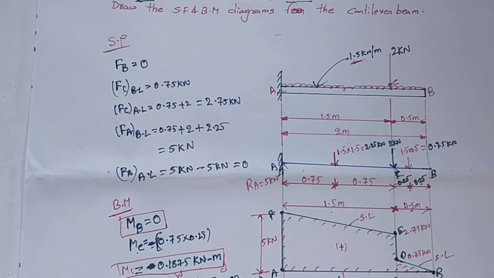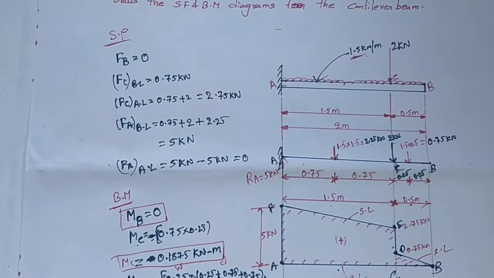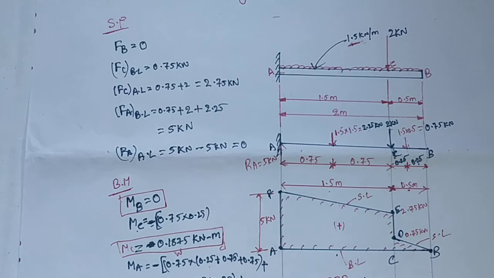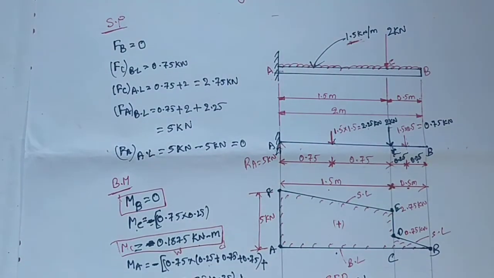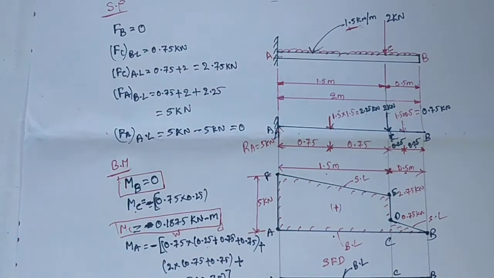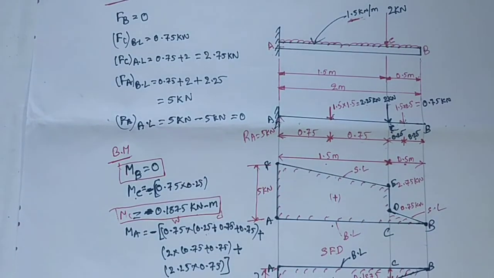That is, we do not calculate shear force and bending moment at converted loads. Only at the fixed end, the free end, and where the point load is acting. Here the point load is acting at point C, so we need to calculate at points A, B and C.